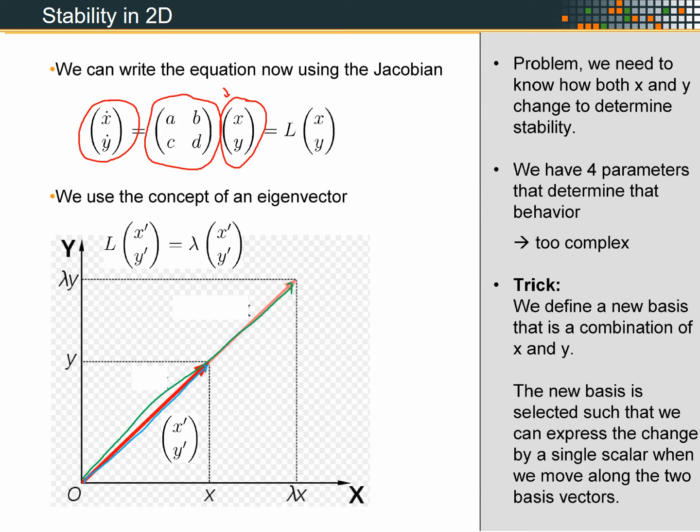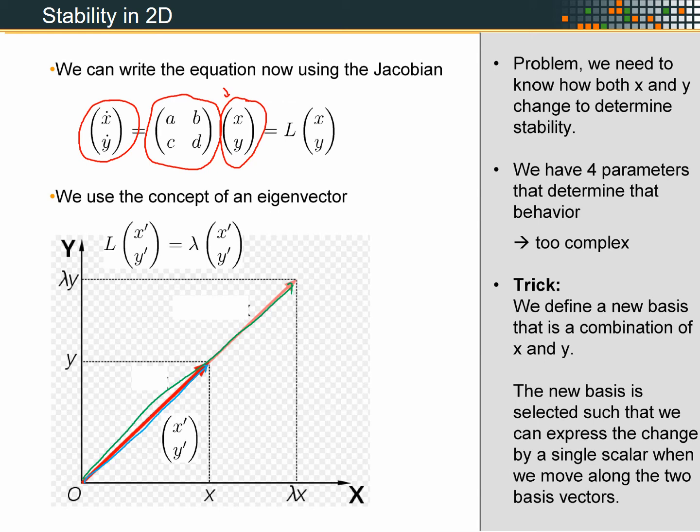If this happens, then we call the vector that has this property, that it's mapped onto the very same direction, an eigenvector. Eigenvector of the matrix, because depending on the matrix, this vector has to have different orientations. So the direction in which the vector has to point to be mapped onto the very same direction depends on the matrix itself.